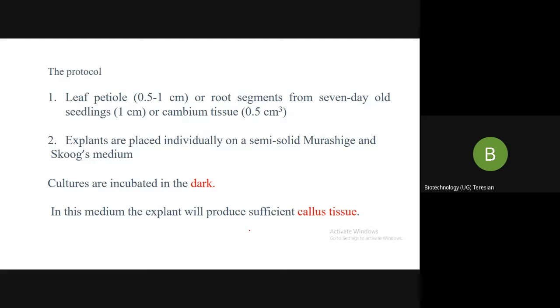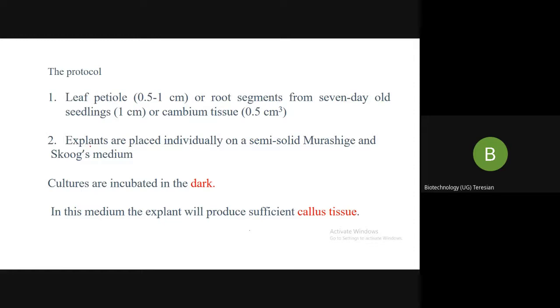The protocol is usually, for your somatic embryogenesis, you can take a leaf petiole or root segments from a 7-day old seedling or cambium tissue. From that leaf, or you're taking cambium tissue or the root segments. Okay. So what are these called?